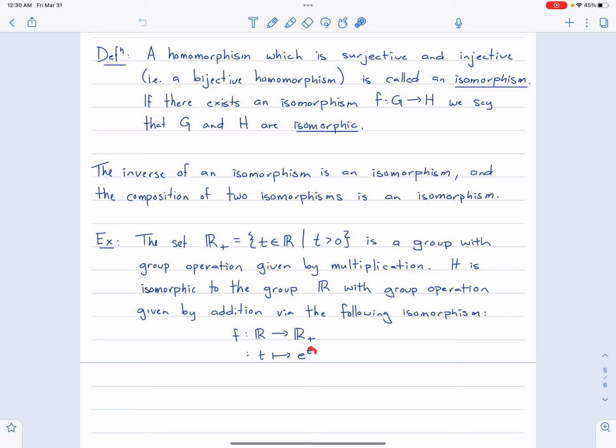And of course, e to the t is always positive. We saw earlier that this gives me a homomorphism, and I just have to check that it is a bijection. So it's a bijection and a homomorphism, therefore it's an isomorphism. Therefore, these two groups, even though they look different, are isomorphic, and so in some sense they're the same group. They're just different ways of representing it.